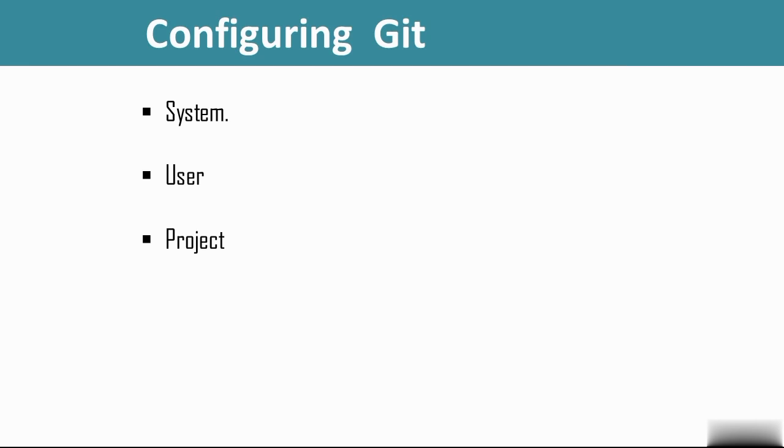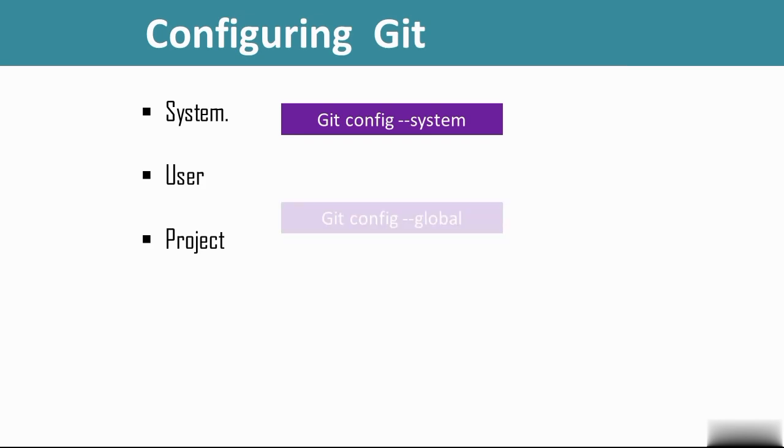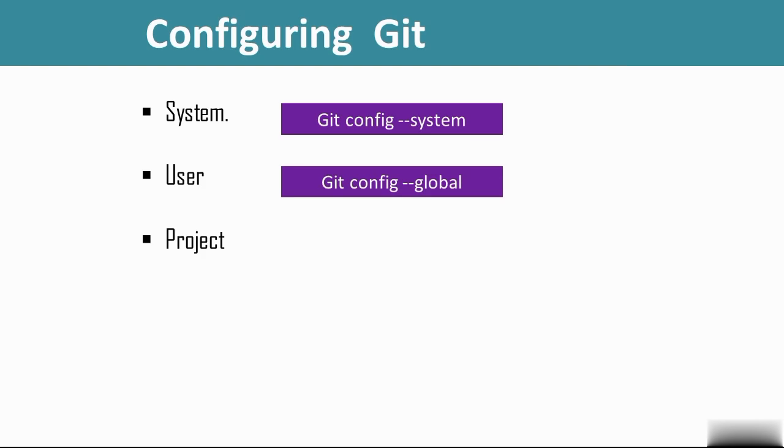Git has a special command that you can use to make configuration changes. If you're making configuration changes on the system, the command you need to use is git config --system. If you are making configuration changes to the user, the command you need is git config --global.